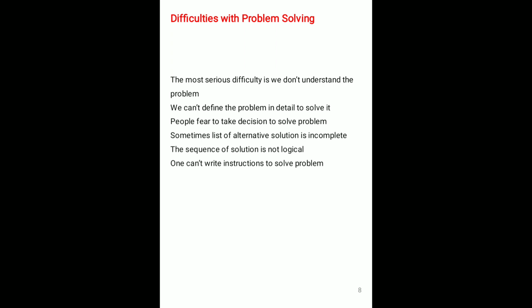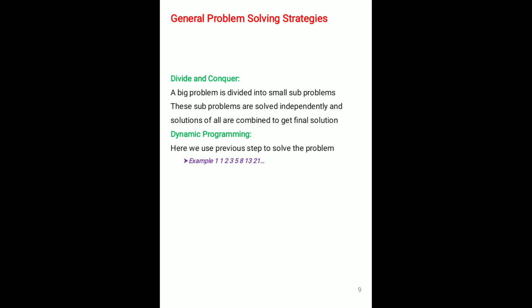And the last one is one cannot write instructions to solve the problem. Now see, you may have your sequence of logical instructions, but if you fail to write the instructions that should be followed to solve the problem, then it is also a difficulty in problem solving.